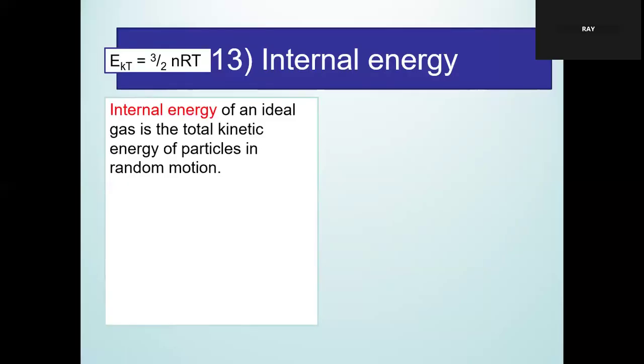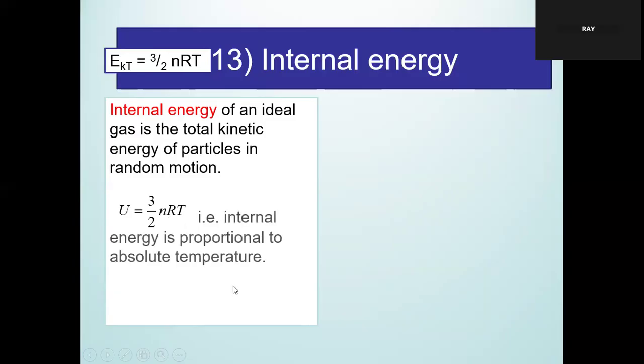Internal energy of an ideal gas is the total kinetic energy of particles in random motion. Memorize it, how we define the internal energy of an ideal gas. It is given by 3/2 nRT.